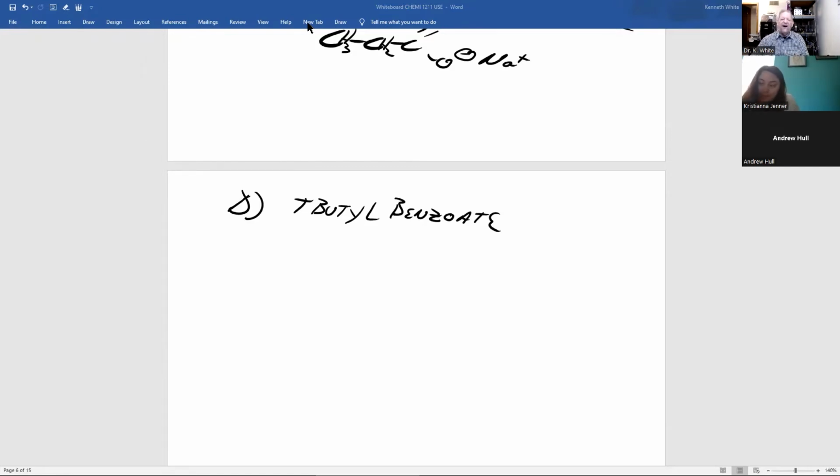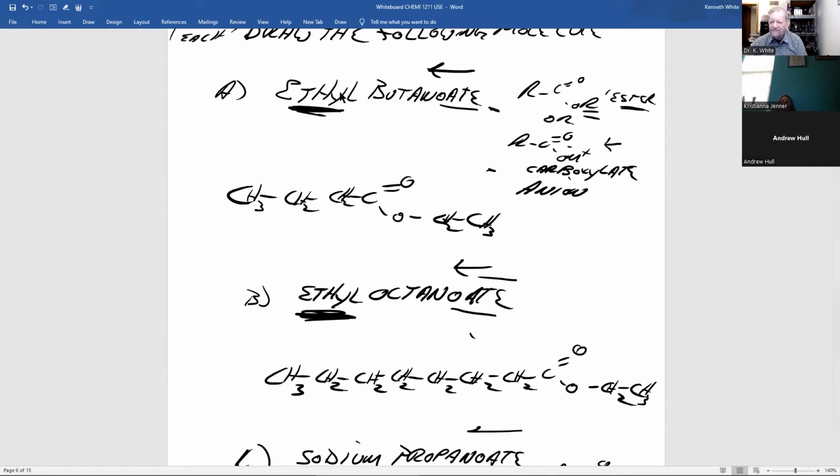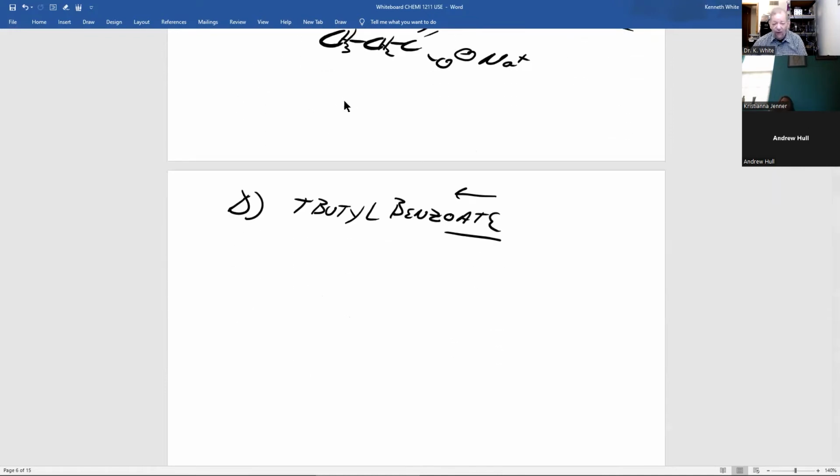Thank you. All right, how do you decode this? Know what to draw. Start from the right, move left. OATE ending can mean either an ester or a carboxylate anion. How do you know which? You look in the front and you see, oh, I see an alkyl group.